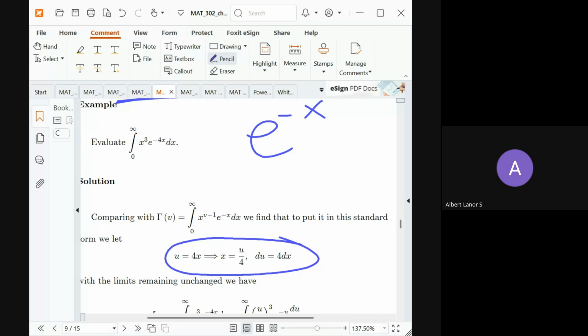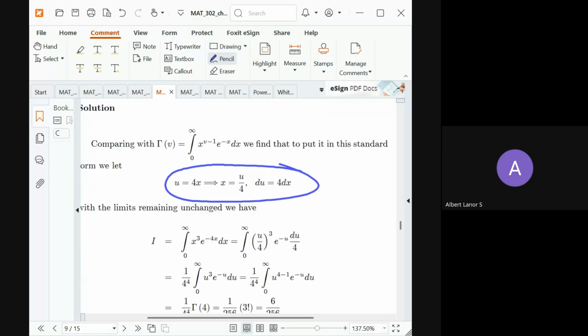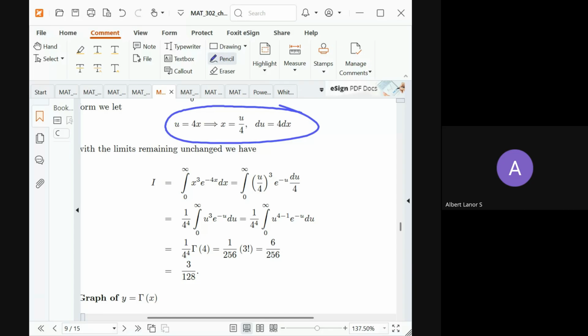and then it will now look like the standard gamma function. And before we now evaluate it, if you do, you are going to have 1 over 4 to the 4th power, integral of u to the 4 minus 1, e to the minus u du, which is the same as 4 minus 1 factorial, or 3 factorial.